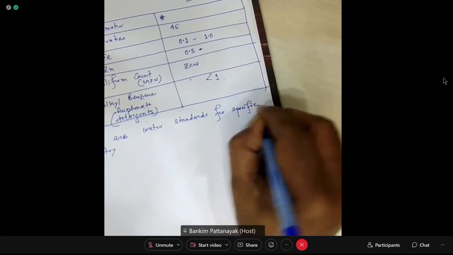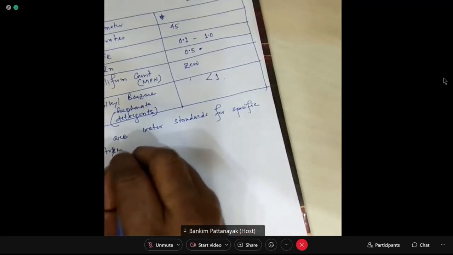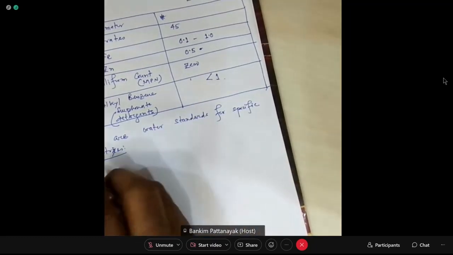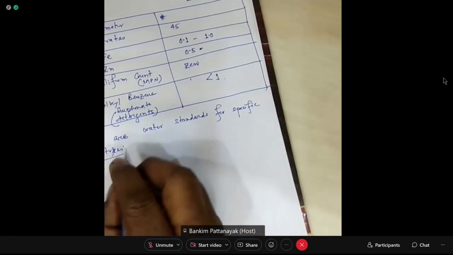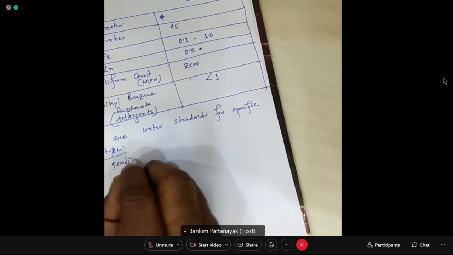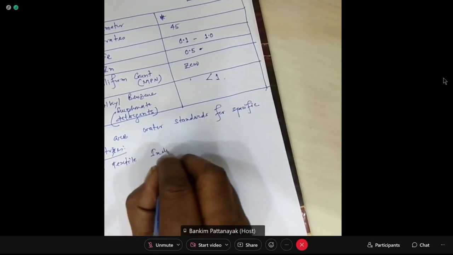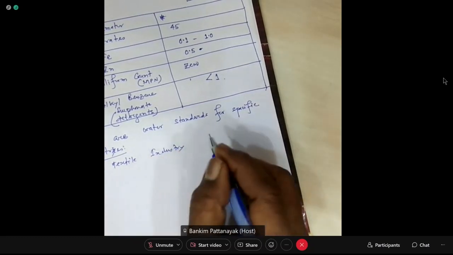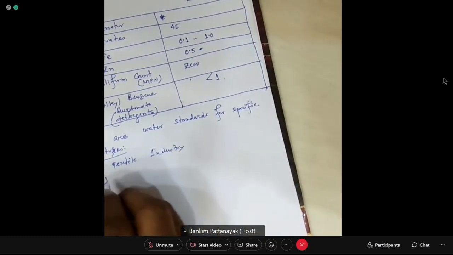A textile industry will have a different water standard.